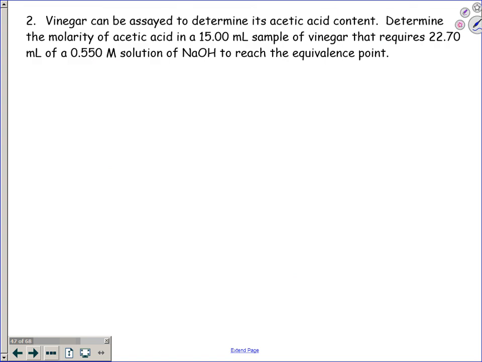All right, so this next example gives you a little bit more of a scenario base. Do the same thing. You have your starting point. The word assayed just means tested, reacted, so don't worry about that.